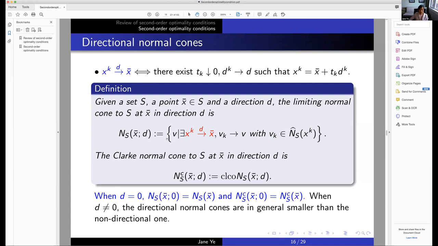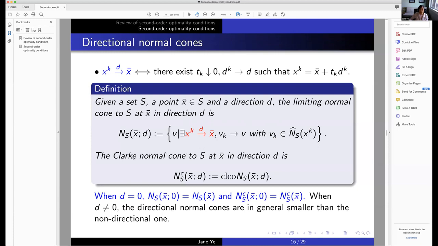So in the limiting normal cone, if you change the standard sequence convergence to convergence in direction, then you can define the directional limiting normal cone.